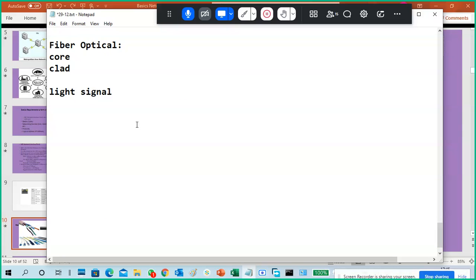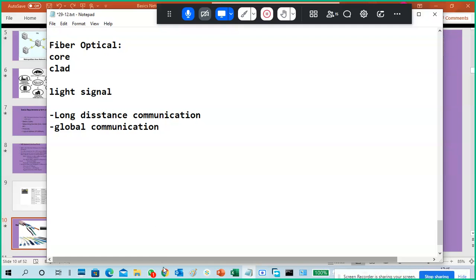So here, light is the signal. And fiber optic cables are for long distance communication. Okay, and it is global communication.